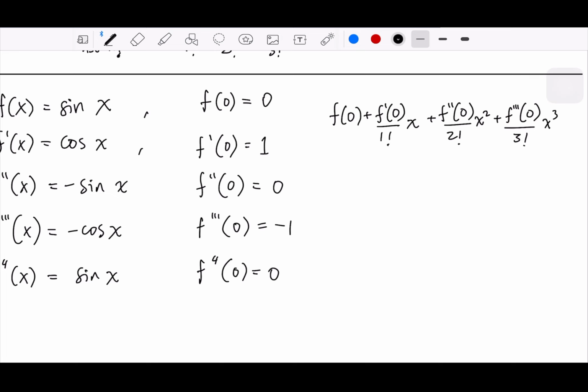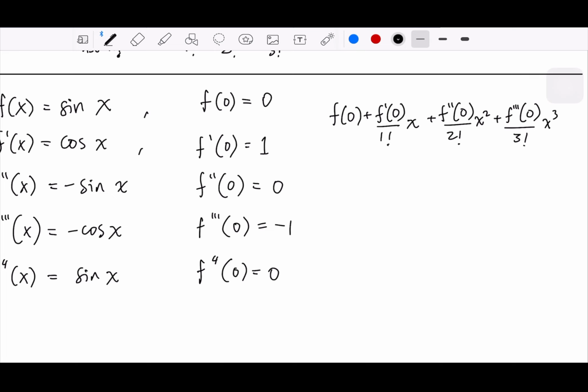Since every even number, 0, 2, 4, will have a 0, we will have only the odd numbers.